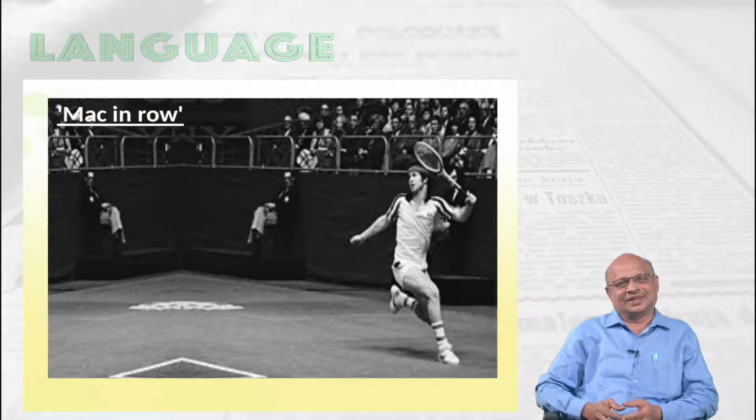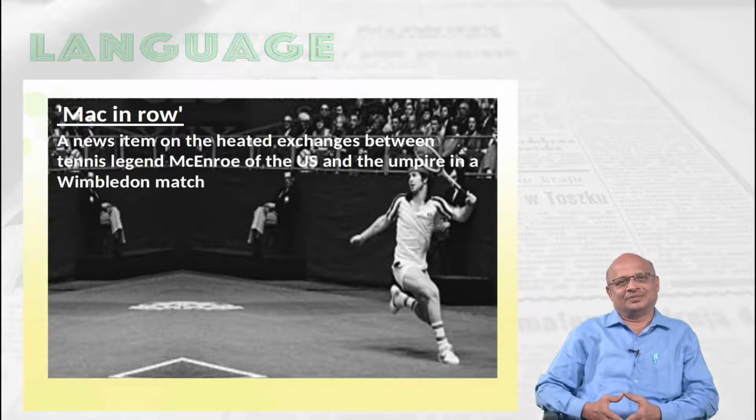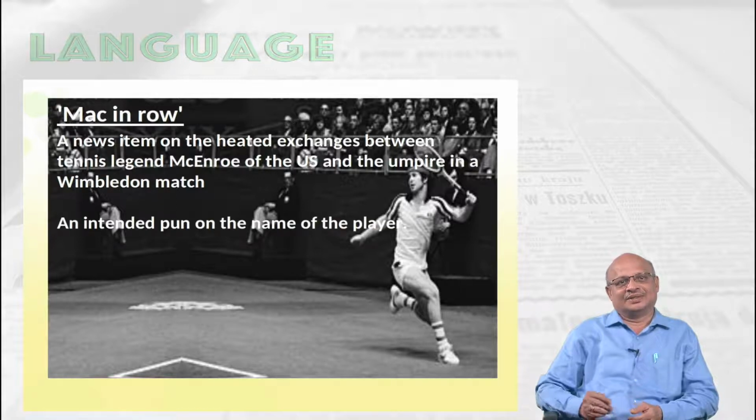I remember this heading which was given in July 1986 for a news item on the heated exchanges between tennis legend John McEnroe of the United States and the umpire in a Wimbledon match. This is also an intended pun on the name of the player, McEnroe.